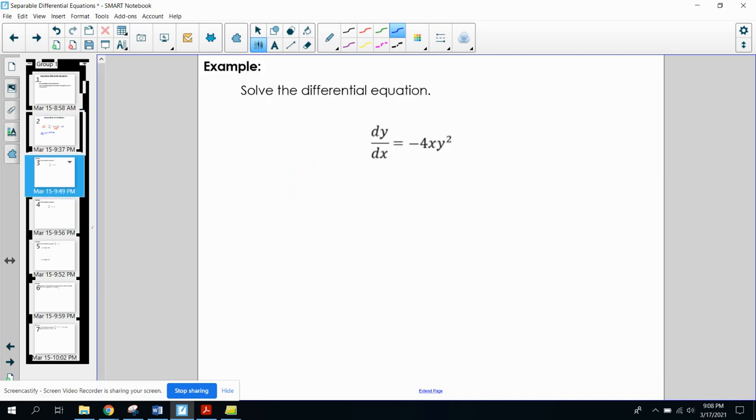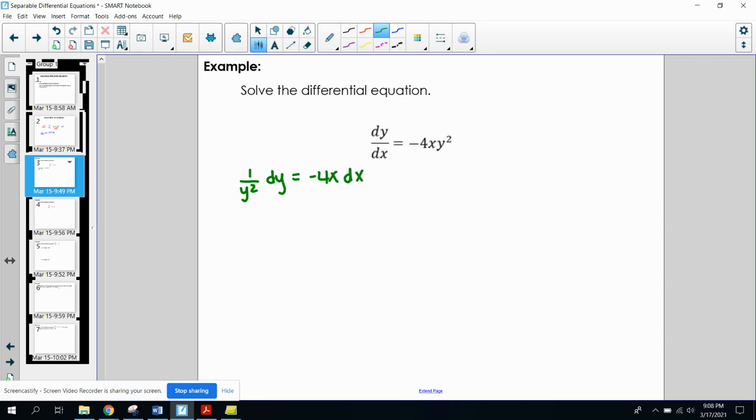So let's look at this first example. We want to solve this differential equation. First thing I'm going to do is separate the variables. So I have to divide by y squared, and I have to multiply by dx. When I divide by y squared, I'm going to have 1 over y squared dy equals negative 4x dx.